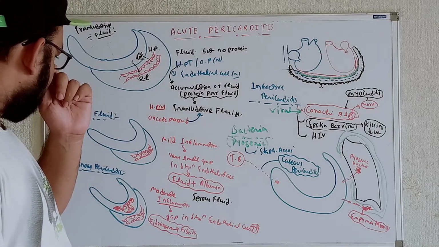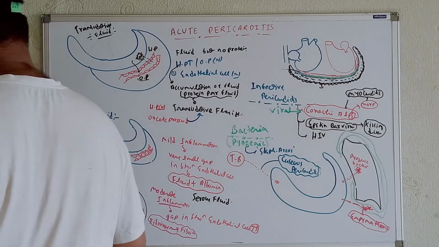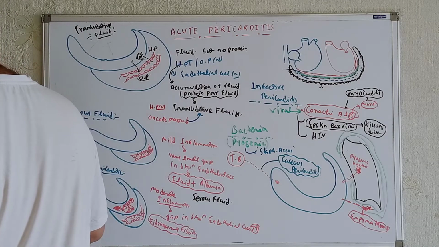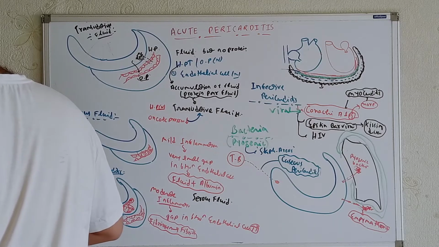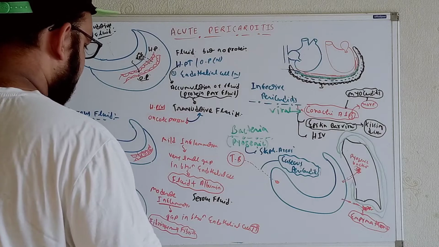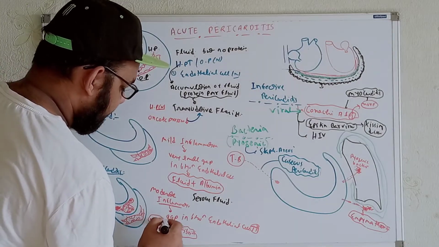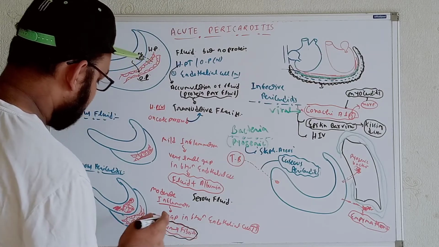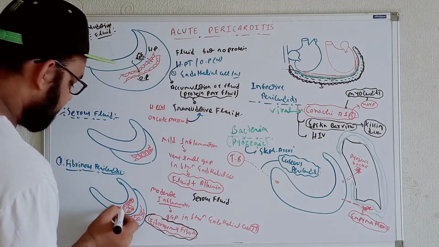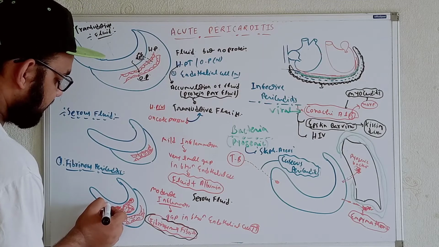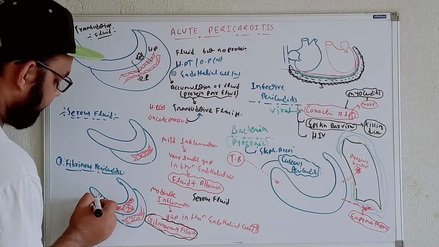Now the next part we will talk about, caseous necrosis, and whatever we'll get over here, let's talk about those things. Now try to understand, one more thing I can say over here: whenever the fibrinogen is converted into fibrin, and we are getting the development of fibrinous pericarditis, it will increase the adhesions in between the two layers of the pericardium.